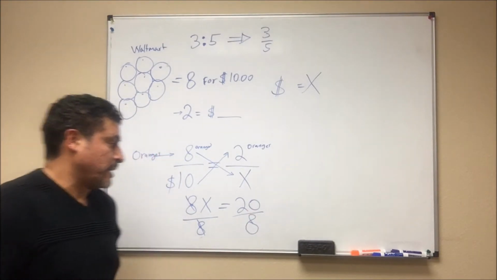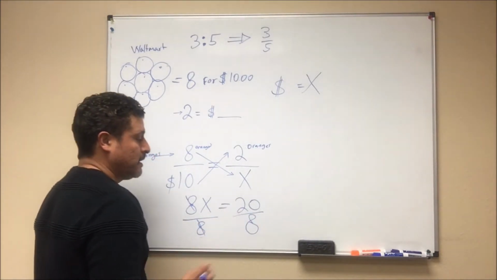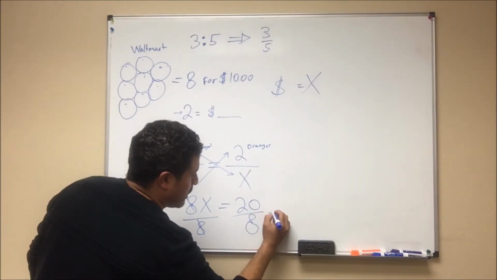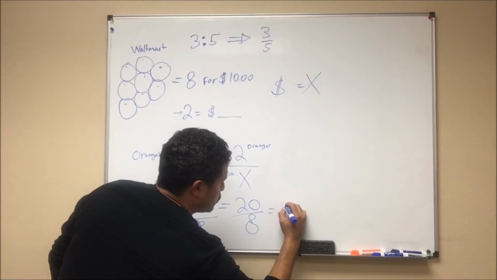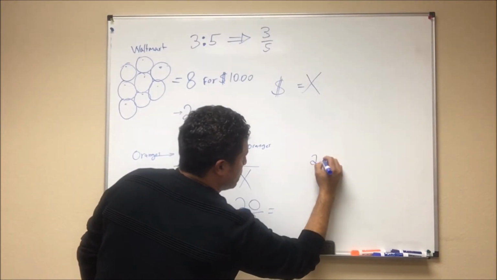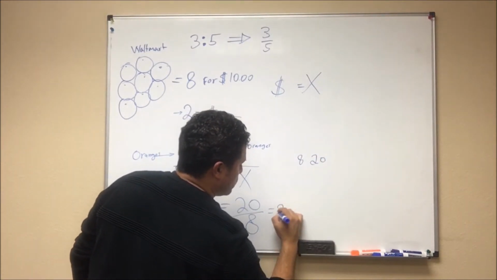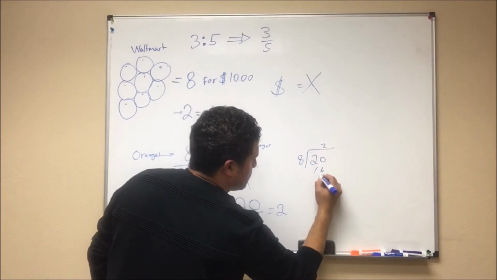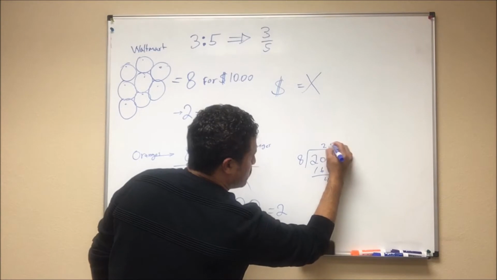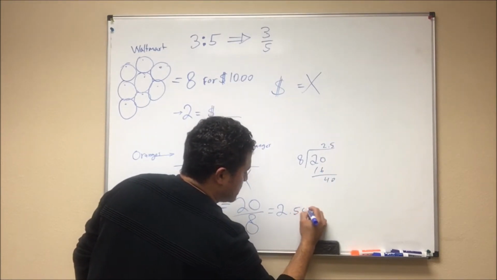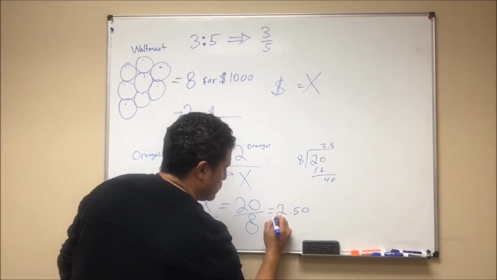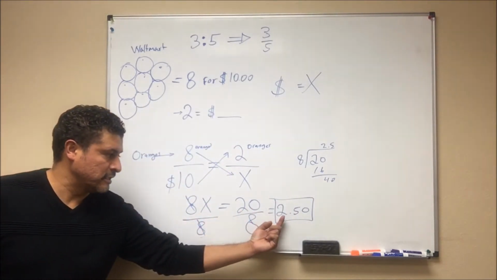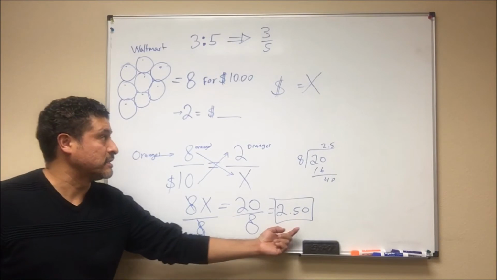So what's 20 divided by 8? In this case, let me see, 20 divided by 8. So it would be 2, that would be 16, left over 4, so $2.50. So x is equal to $2.50.